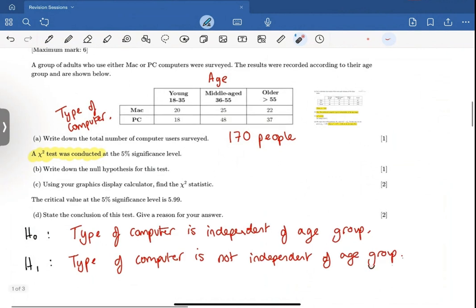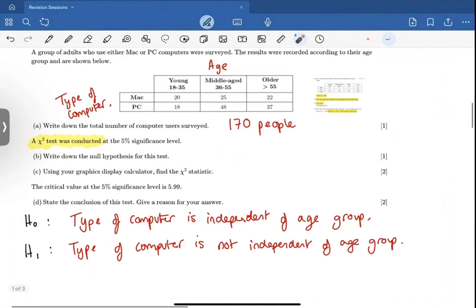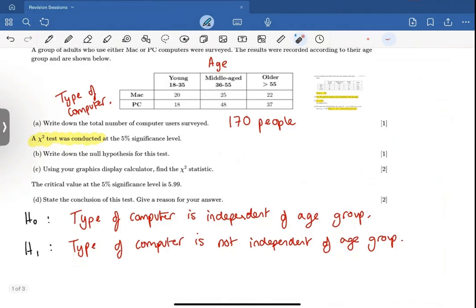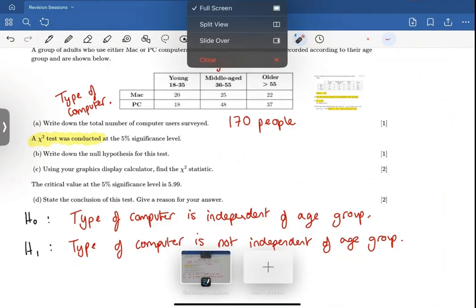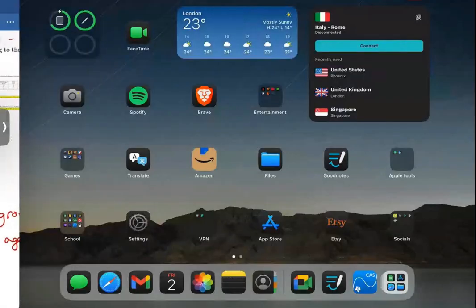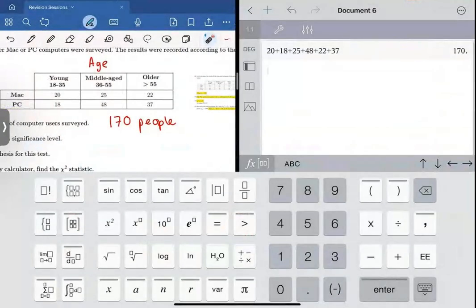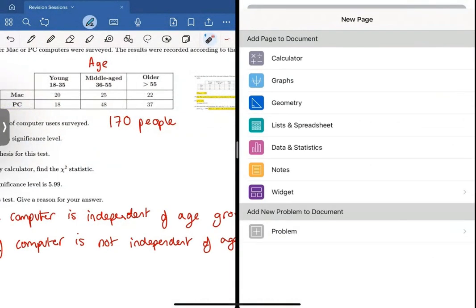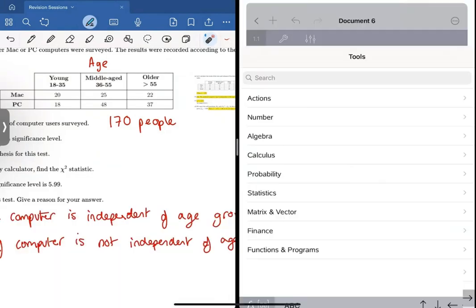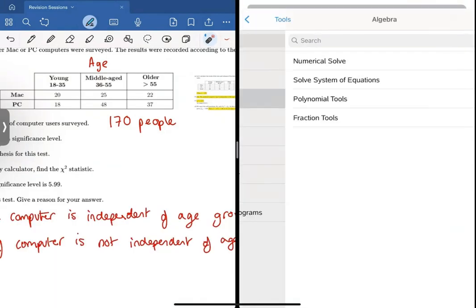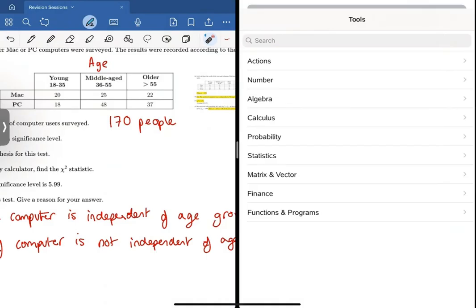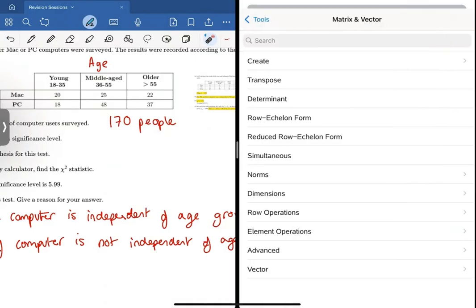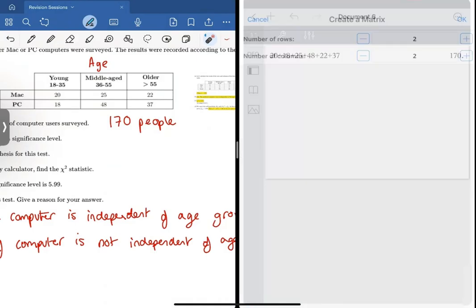So then it says, using your graphics display calculator, find the chi-squared test statistic. So this is the one where we need that matrix, and I'm going to get my calculator up again. So we're going to add some algebra. No, we're not. We're going to do matrix and vector, and we're going to create a matrix.